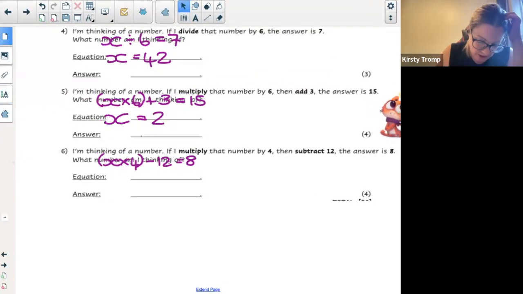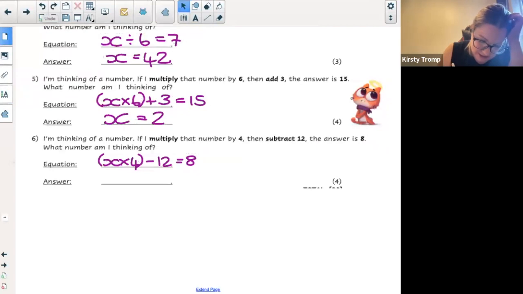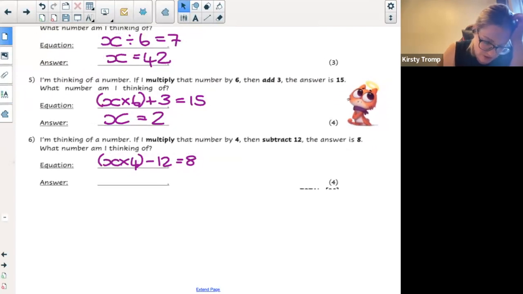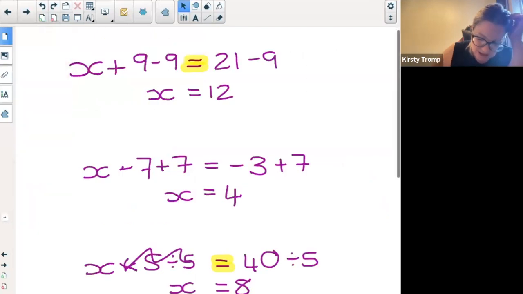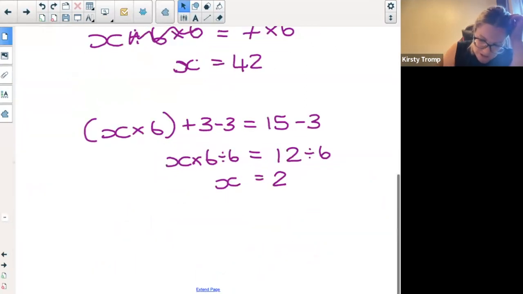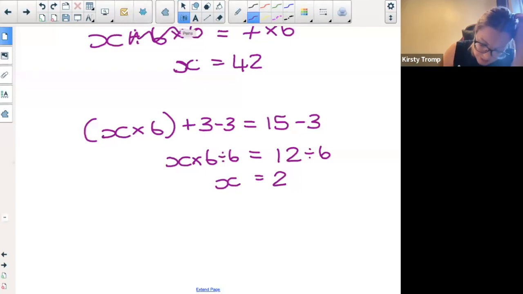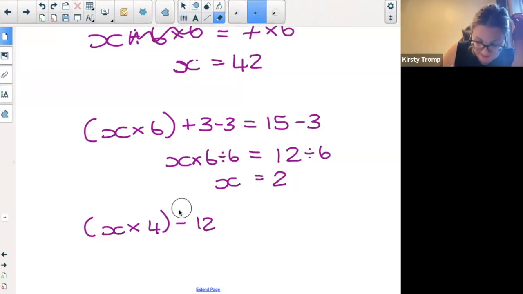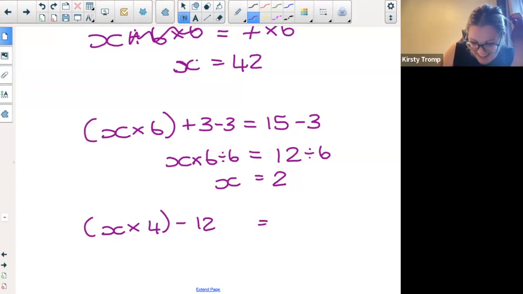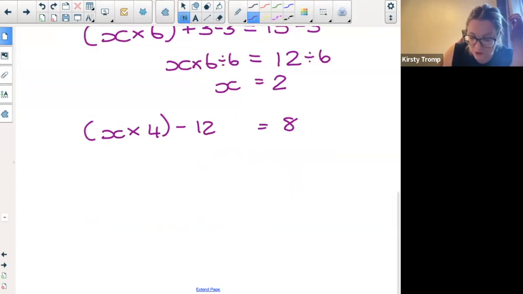All right, you're going to read the sum to me because you've got a much better memory than me. X times 4 minus 12, which equals 8. Okay. Tando, what do I do first?